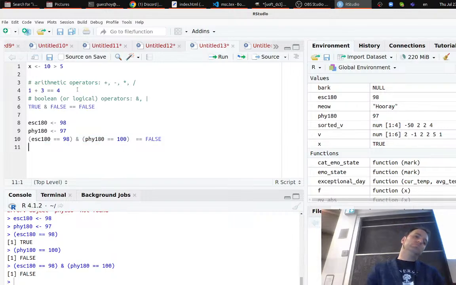So I'll give you the rules now about how it operates, but you really should be thinking about it in English, right? So true and true is true, and if there is a false anywhere, then it's false.